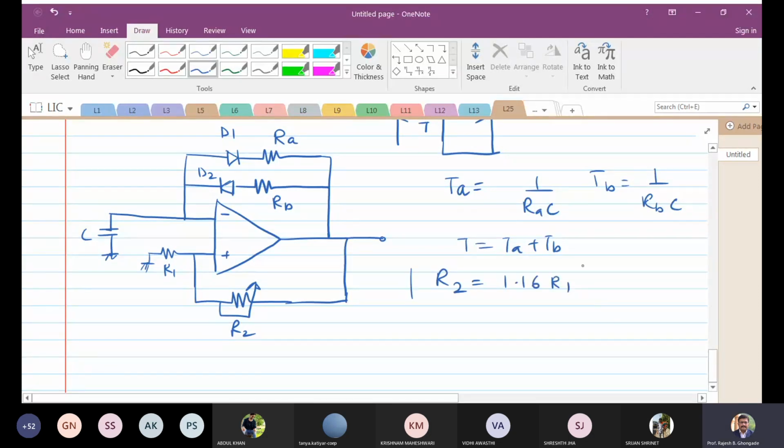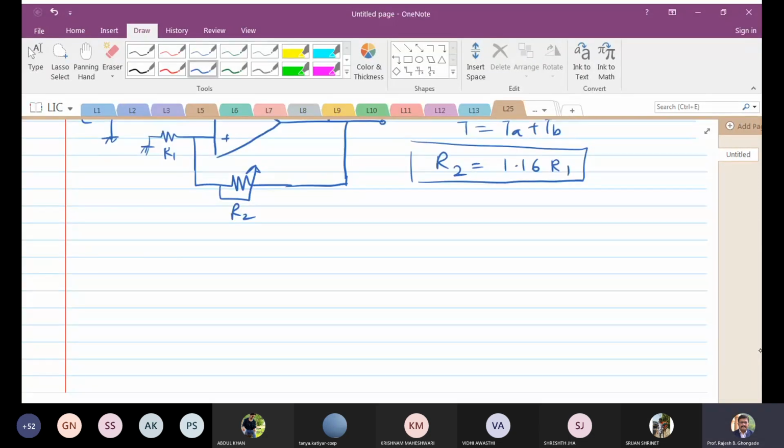So now you can have different values of RA and RB, and of course you can have different values of on time and off time. So with this, you will be in a position to get an asymmetric duty cycle. Understood? Yes, sir.